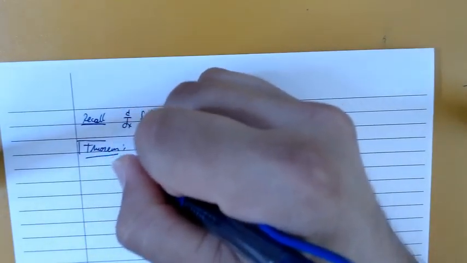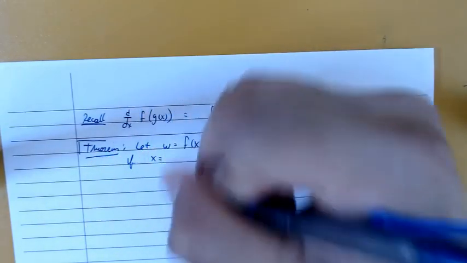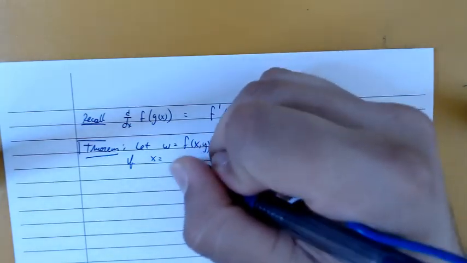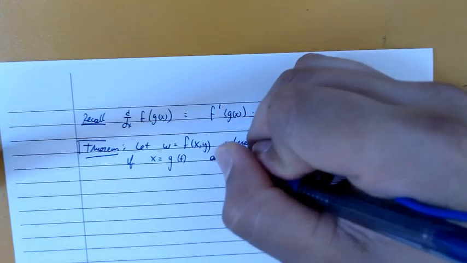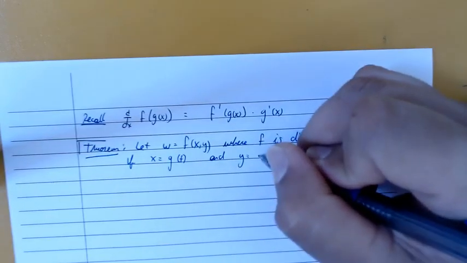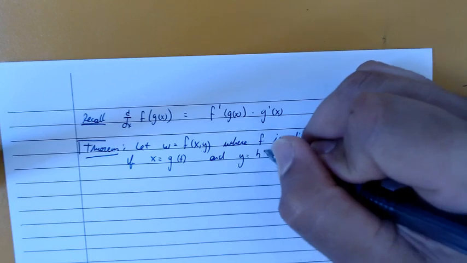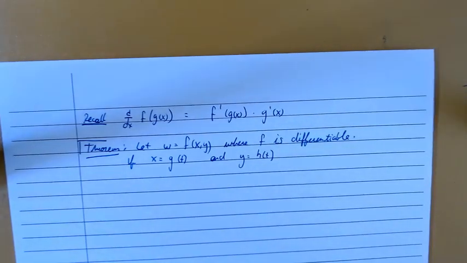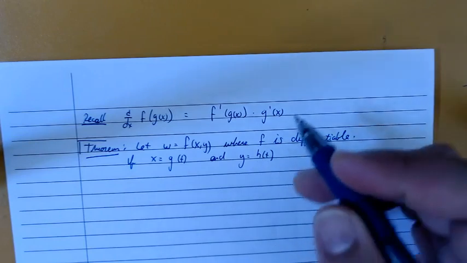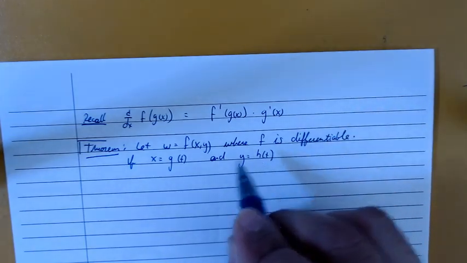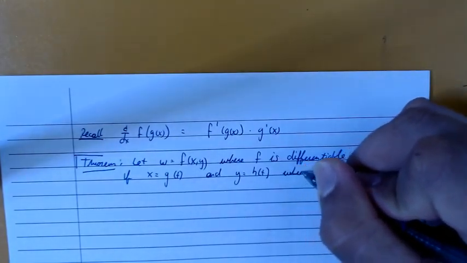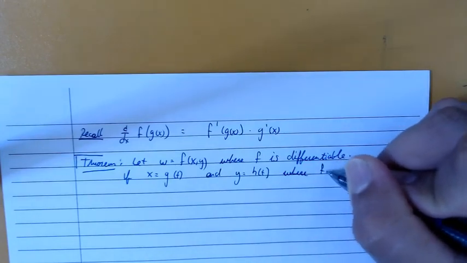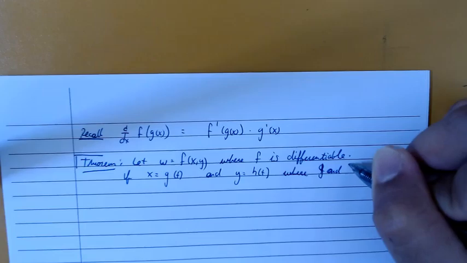If x is given by some function of t, it's parameterized, so let's say g of t, and y is some other function of t, let's say h of t, where both g and h are differentiable functions of t. These are single variable functions.